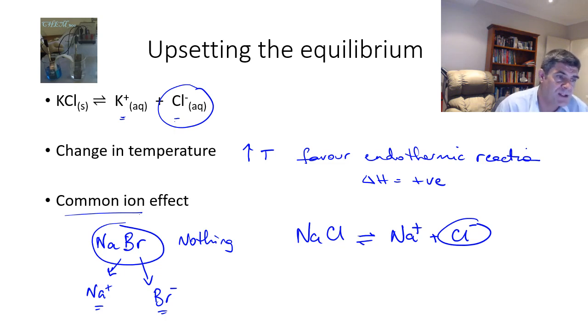For our purposes, at this stage, before we put some numbers on any of these, we should be able to conclude in a fairly obvious manner that if we were to add a source of additional chloride ions, then the concentration of the chloride ions is going to increase, and according to Le Chatelier's principle, the whole equilibrium should shift to the left.